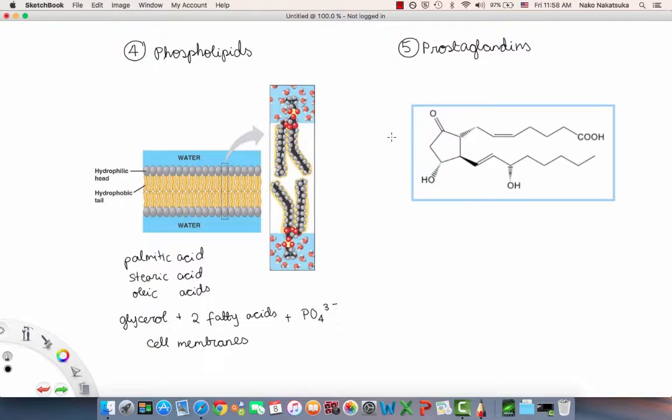So prostaglandins is a molecule having a prostanoic acid skeleton. This part with the 7 carbons on the upper chain and 8 carbons on the lower chain represents prostanoic acid. And the biological functions of this is usually as regulators and signal molecules.